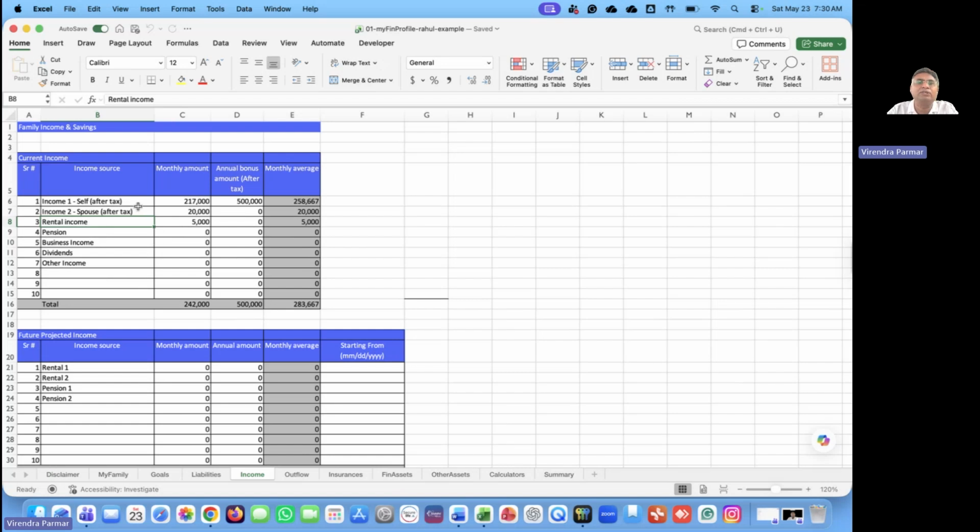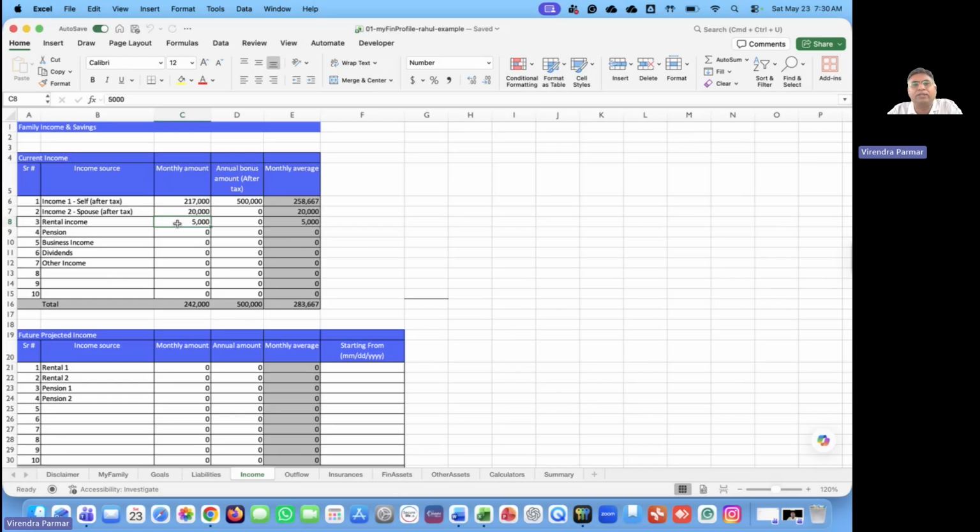What is more important is to identify what the income sources are, and what the monthly income is which you actually get in your bank account. And if you are working and likely to get an annual bonus, then you can put it over here. So as you can see, in Rahul's case, he has a monthly take home of 217 thousand. His wife also runs a small business, so he has only captured profit here. So we'll see it in the next section again.